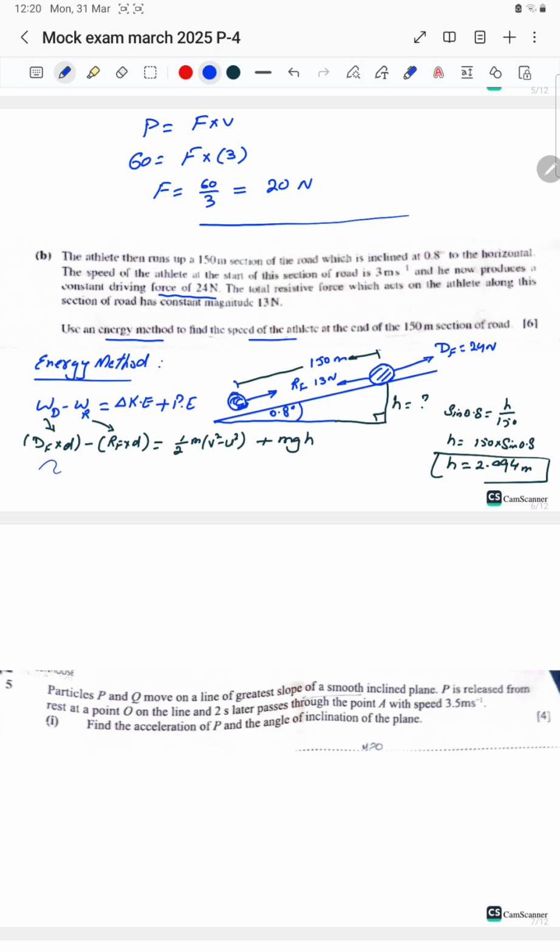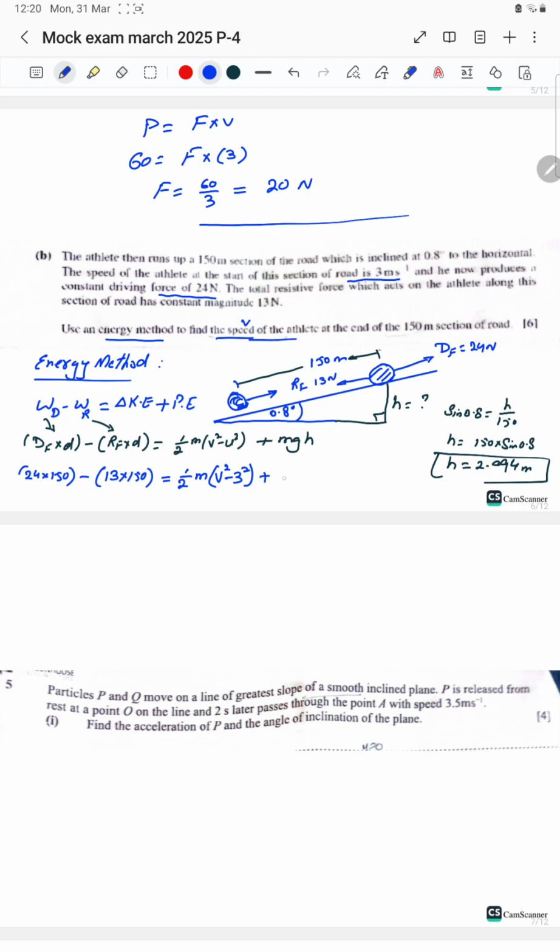In this rule, what is the driven force? 24 times the distance covered, 150, minus the resistive force, which was 13 times 150, equals half m times v square minus u square. We have to find the speed v. Initially u was given as 3, squared. What was the mass?